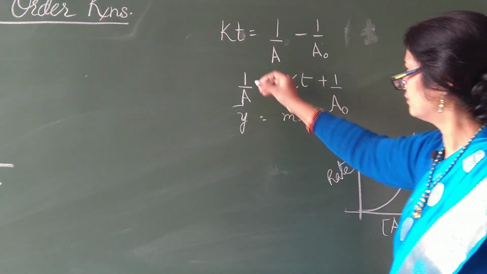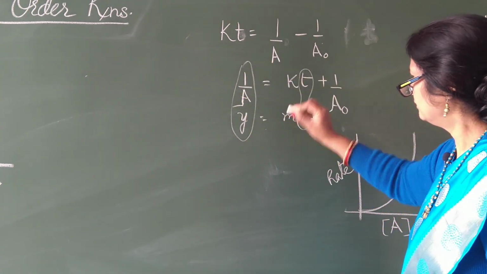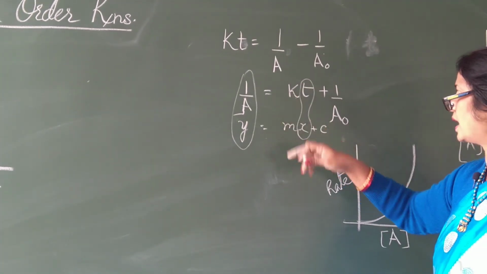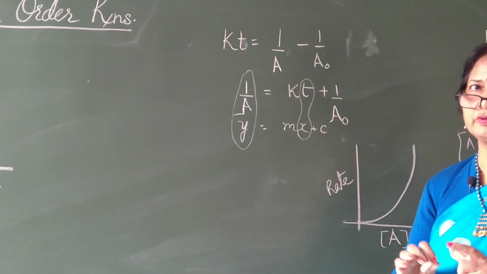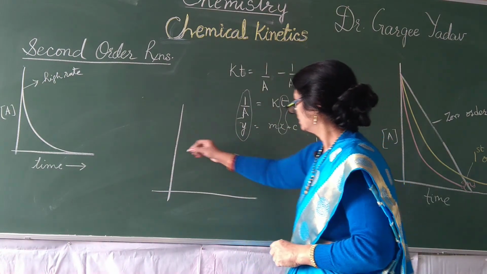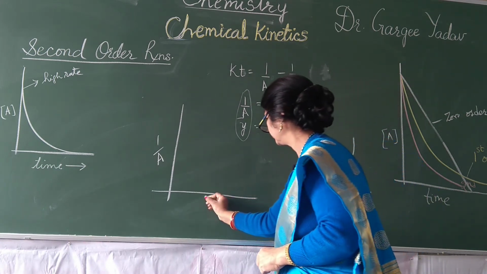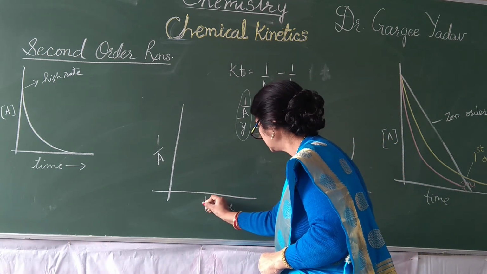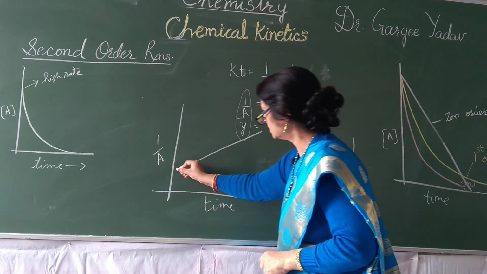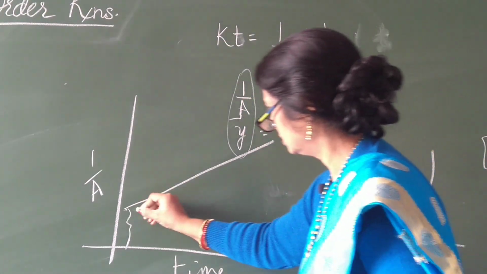So if we plot y against x, which is time, then we should get a straight line, the slope of which will be positive, given by k, and the intercept on the y-axis will be given by 1 upon a0. So if we plot a graph between 1 by a and the time on the x-axis, then we should get a graph like this with a positive slope and the intercept on the y-axis given by 1 upon a0.